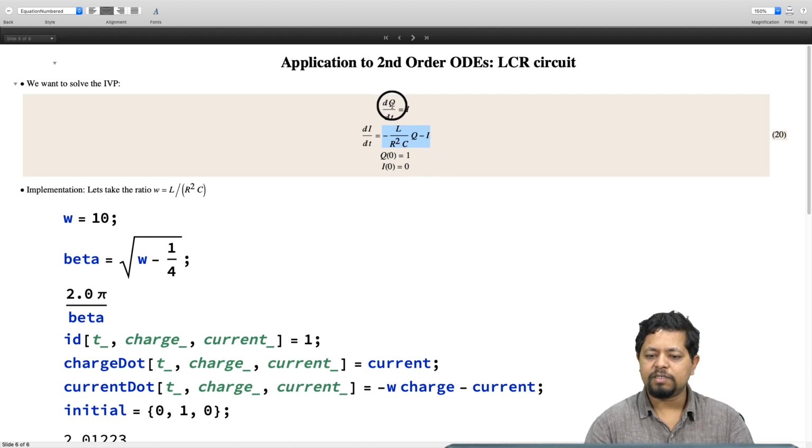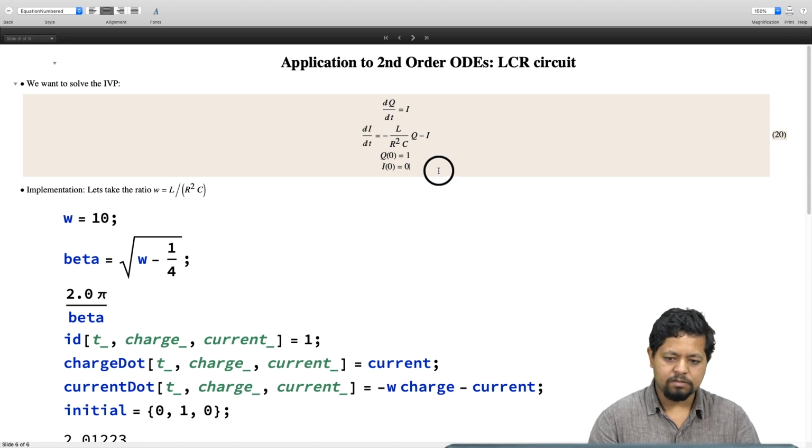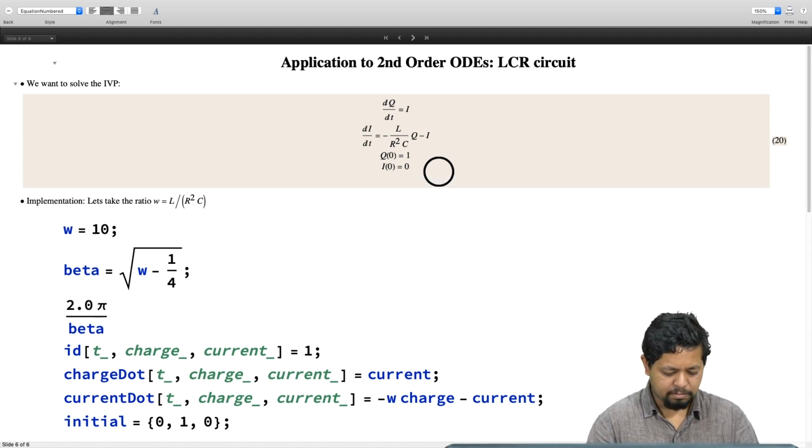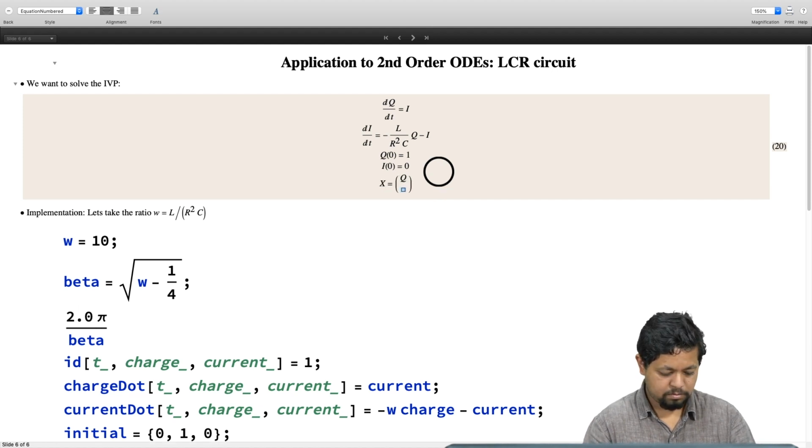So you can think of Q as X and I as Y. So this is dx by dt and this is dy by dt. And we have got X of 0 and Y of 0. So therefore, in order to implement this, what I'm really doing is I am writing my big X equal to a two tuple of Q and I, and of course I have to include time also.